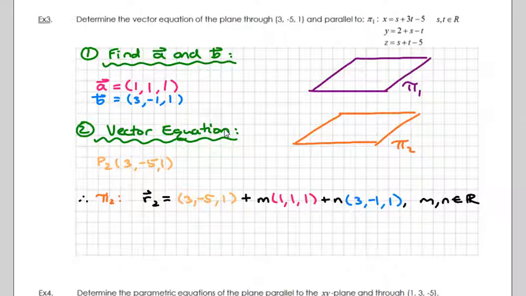Now pi 1, which is your first plane, has all of these equations. We can actually see some of the direction vectors that are on pi 1. I've written them right here because all you're looking for are the coefficients in front of your s's and your t's to distinguish your a vector and your b vector, your two direction vectors.